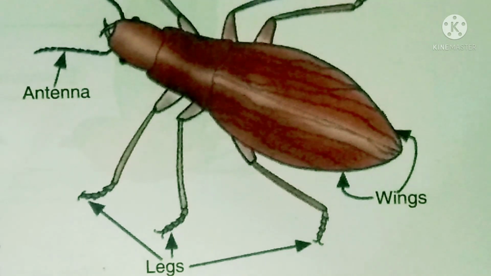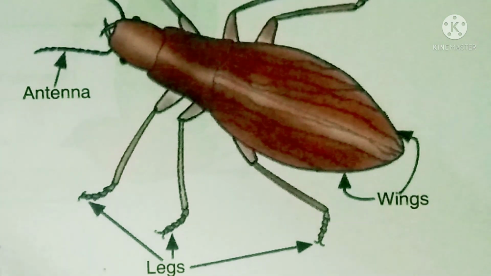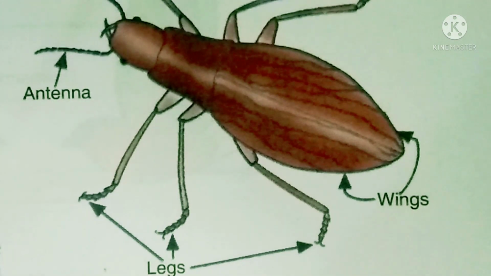These muscles help the legs to bend or straighten according to the need of the cockroach. Whenever it wants to walk on the ground, it uses them, and otherwise it folds them and keeps them.